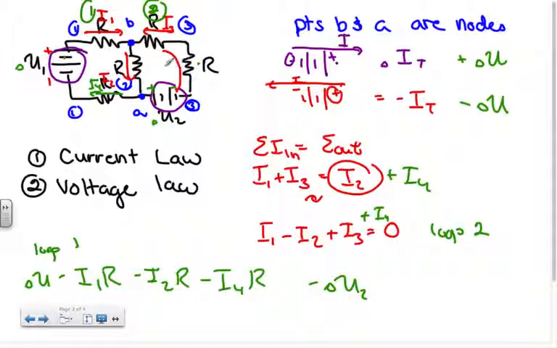And this one. Again, we're with the current in this situation here. Now, see, the current is going this way. So, because we're with the current, it's going to be minus I3R.